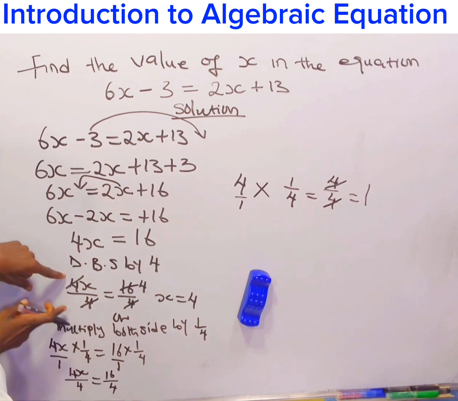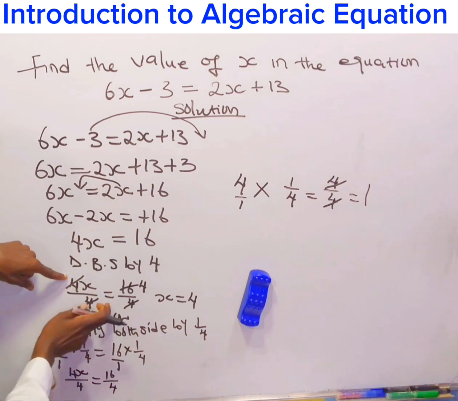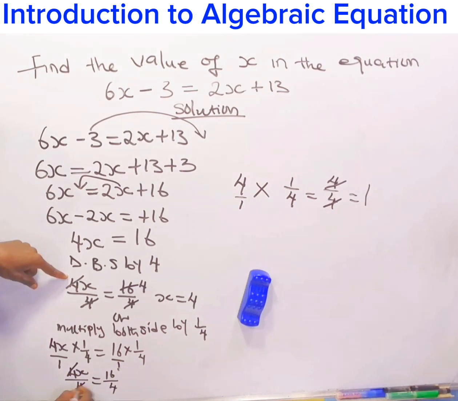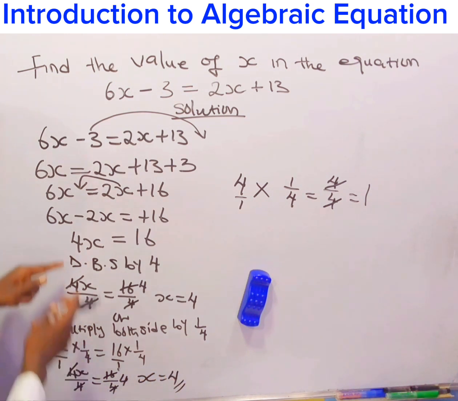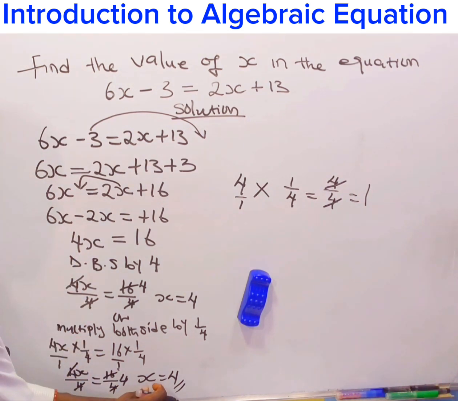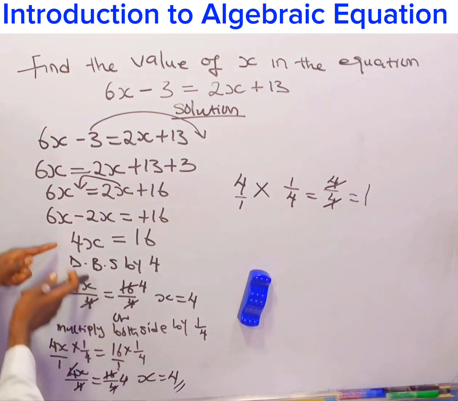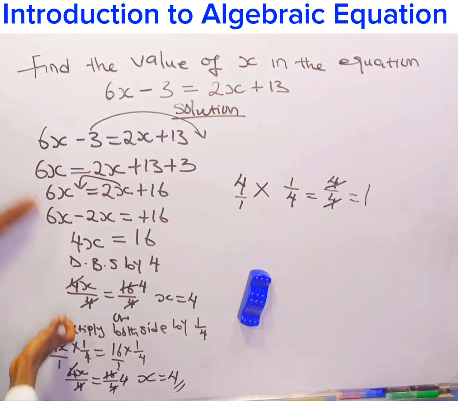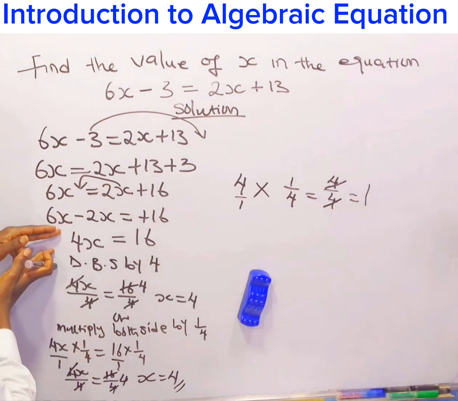It still brings us back to here. 4x over 4, 16 over 4. Using the multiplicative inverse, 4 cancels 4. 16 divided by 4 is 4. That means our x is equal to 4. Here, by dividing both sides by 4, and here by using the multiplicative inverse. The thing is, the multiplicative inverse always results in whatever you get here. Multiplicative inverse is just a longer process compared to this.